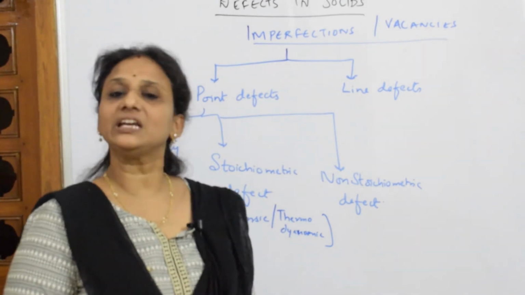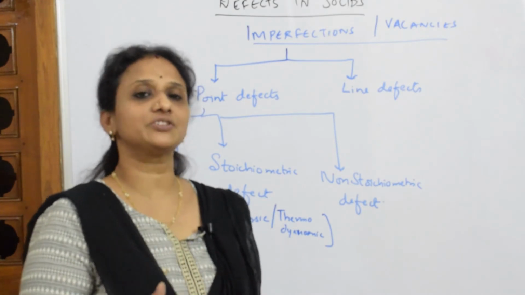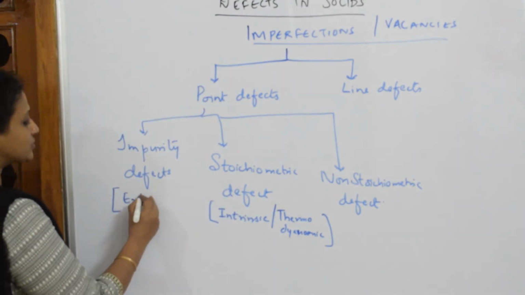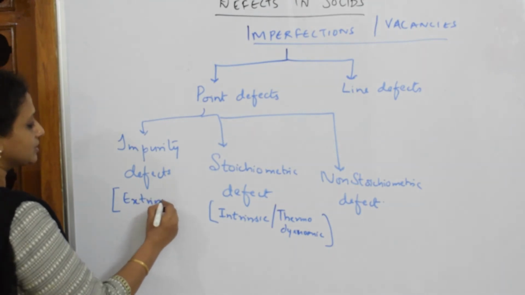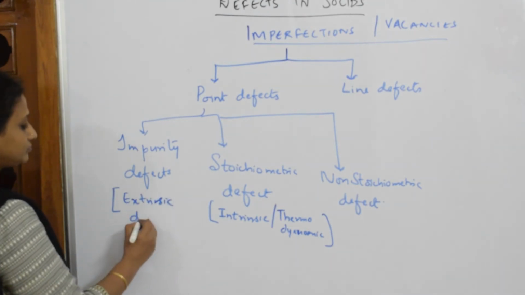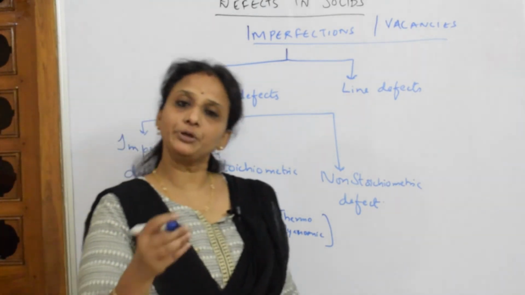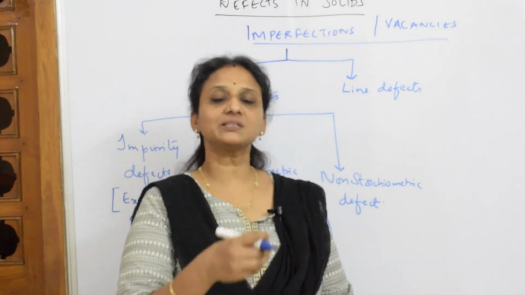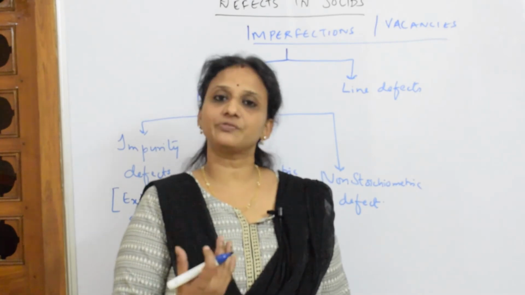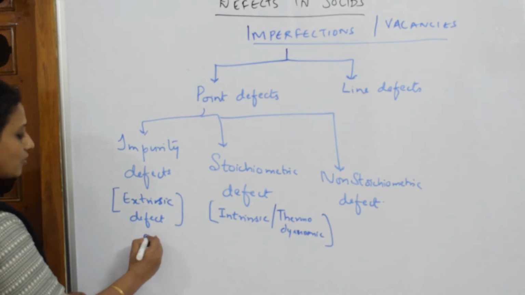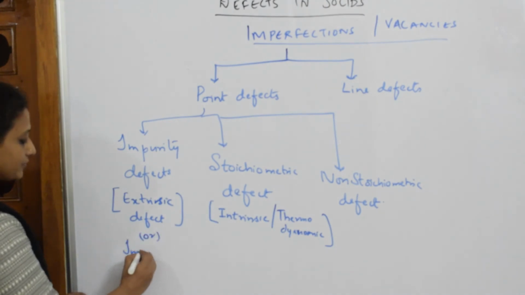These are not dependent on any increase or decrease in temperature. The concept of temperature doesn't exist. So impurity defect is also called extrinsic defect. Extrinsic defect means basically you are introducing an impurity into the solid, doping some impurity into the solid, because of which you're finding those impurity defects. So intrinsic defect or impurity defect.